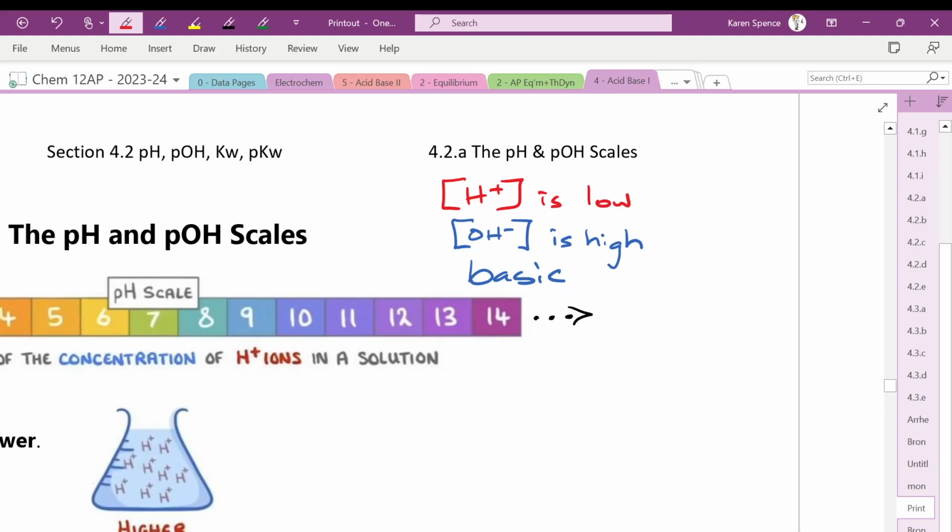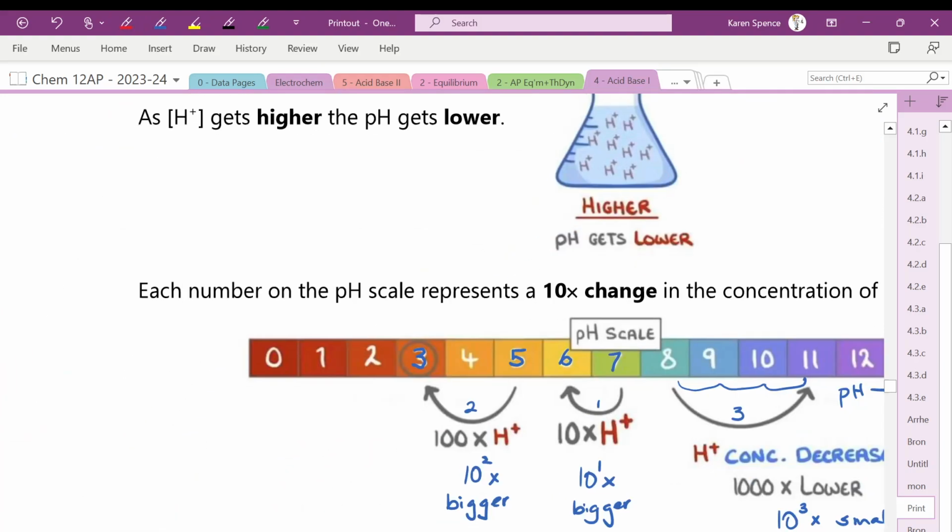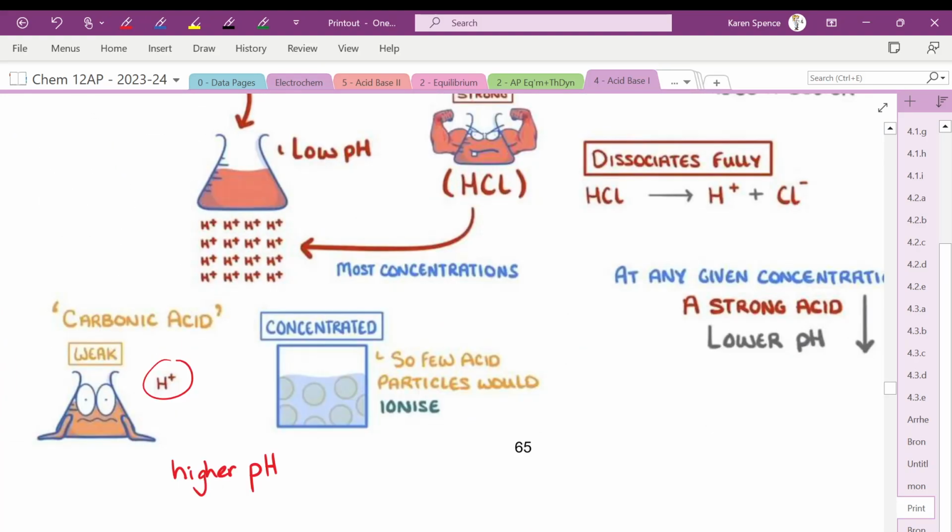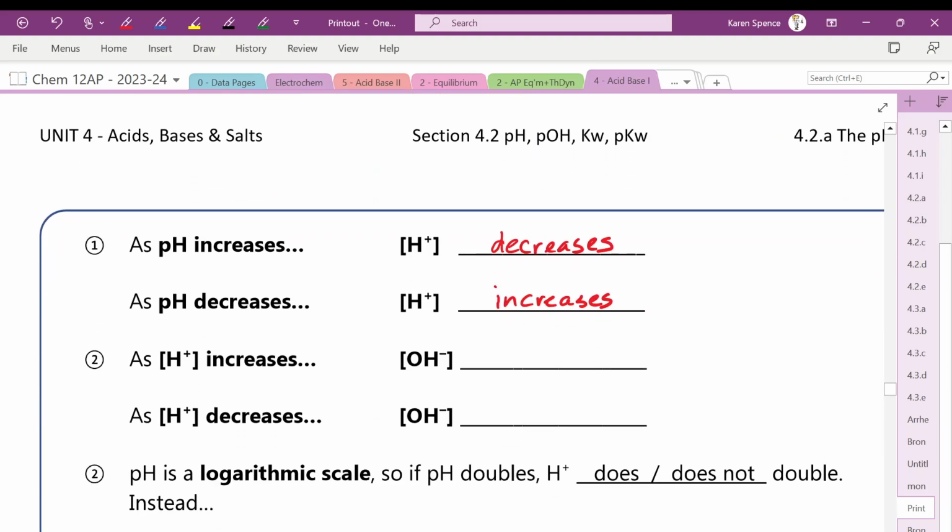Okay? So they go like this, right? If one is high, the other's low. If one is low, the other's high. So as hydrogen increases, hydroxide decreases. And as hydrogen decreases, hydroxide increases.